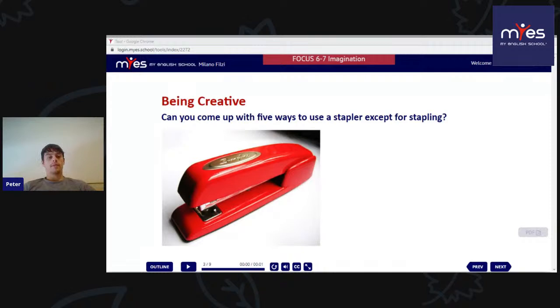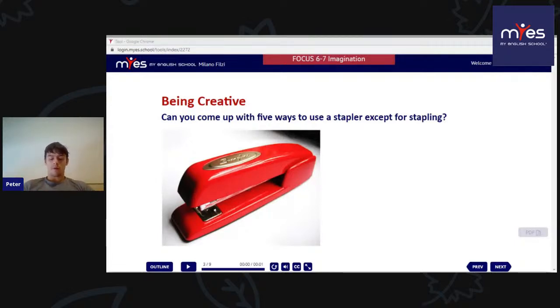A paperweight is something that you use to make sure that the paper does not fly everywhere.